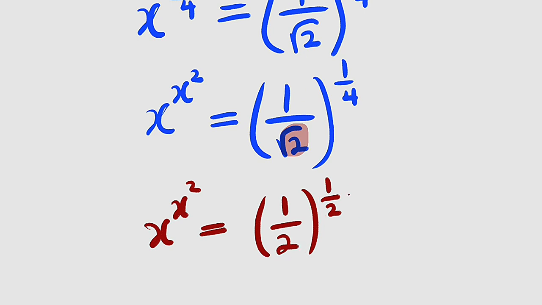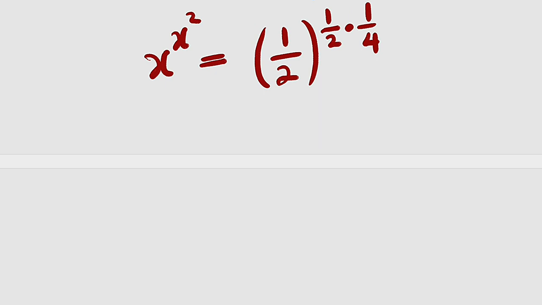But remember, we have another exponent, which is 1 divided by 4. If you multiply these two exponents together, you have 1 divided by 8.